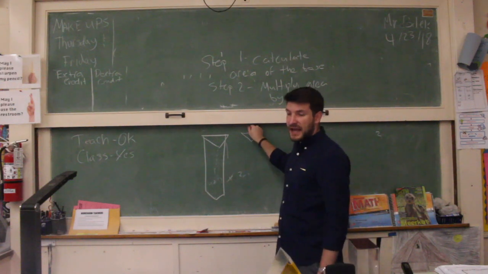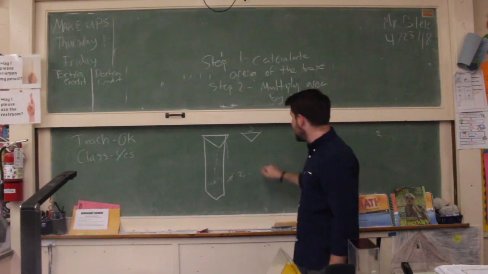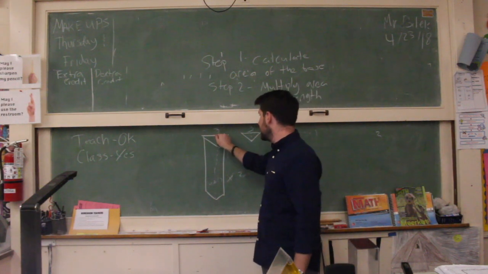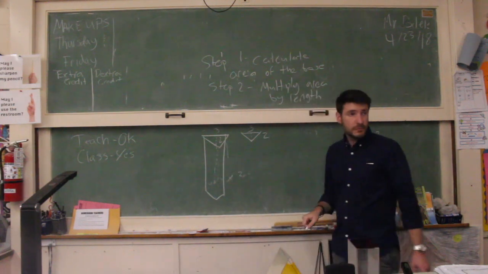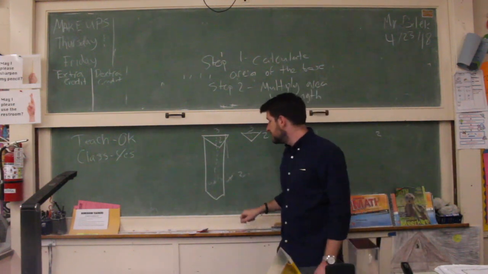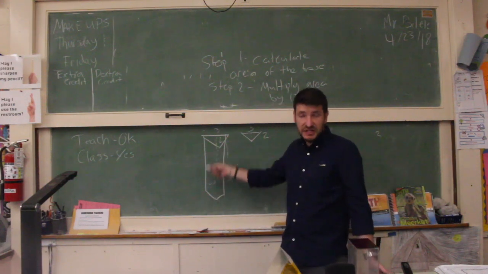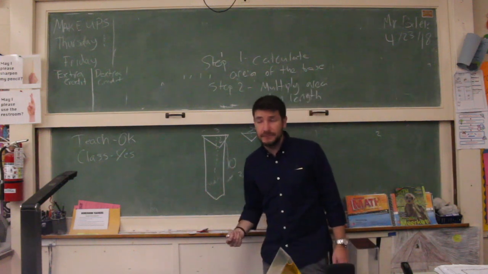We're going to give it a base of 3 and a height of 2. This is 3, and the height is 2. Now, we also have this measurement right here. This could be equally measured as the length or the height, depending on what you want to call it. We're going to give this a measurement of 10.